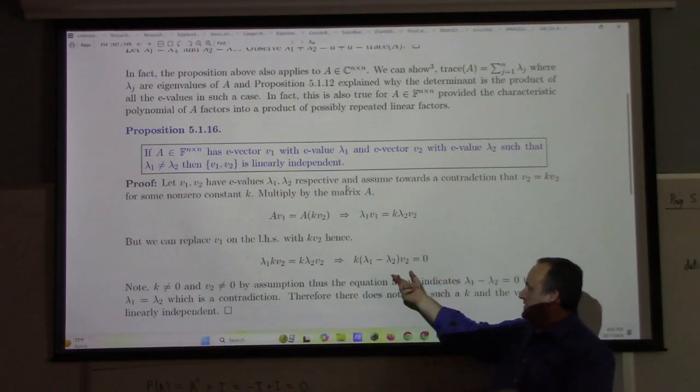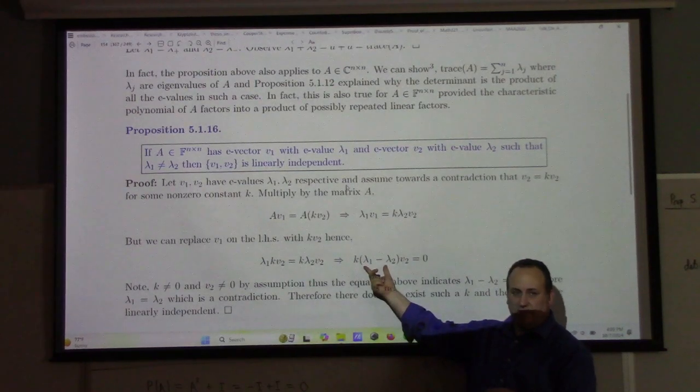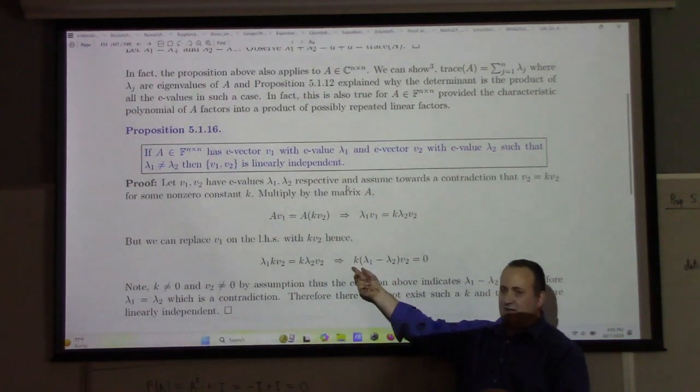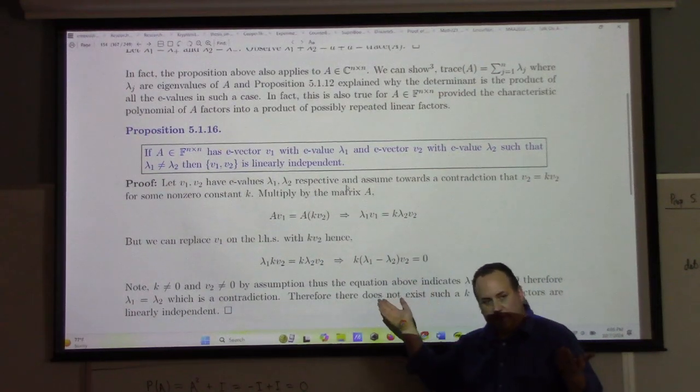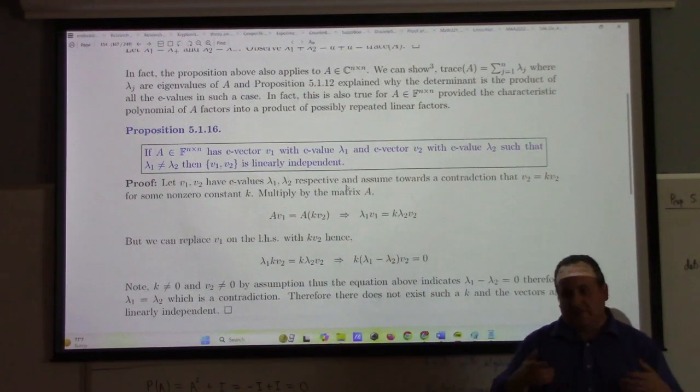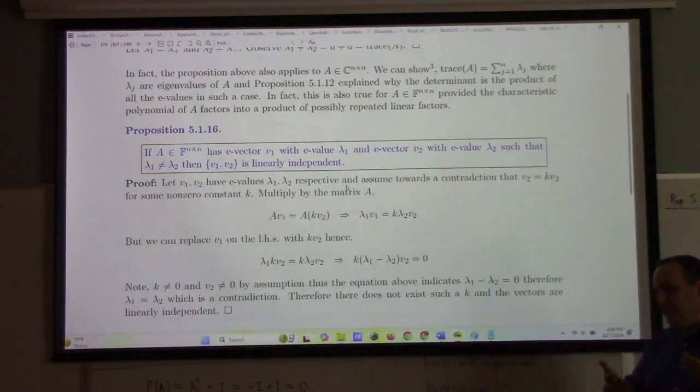But these are distinct, so that's non-zero. I've got non-zero times a vector equal to 0, but basic vector space algebra means that v2 is 0. But v2 is an eigenvector, it can't be 0, right? So that proves that if you have 2 eigenvectors with distinct eigenvalues, they must be linearly independent.